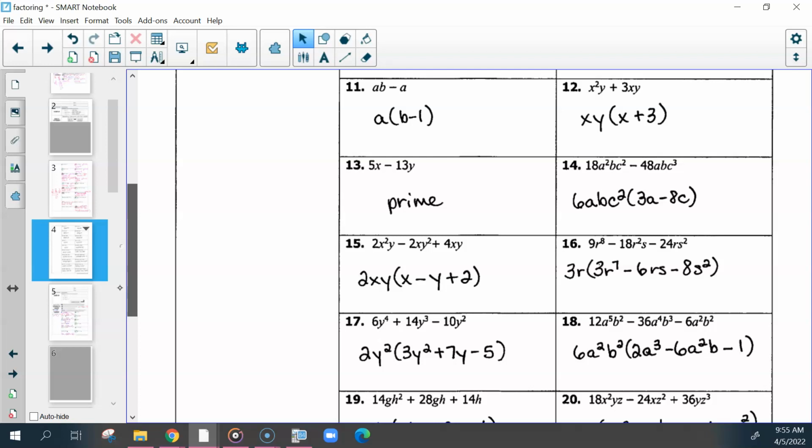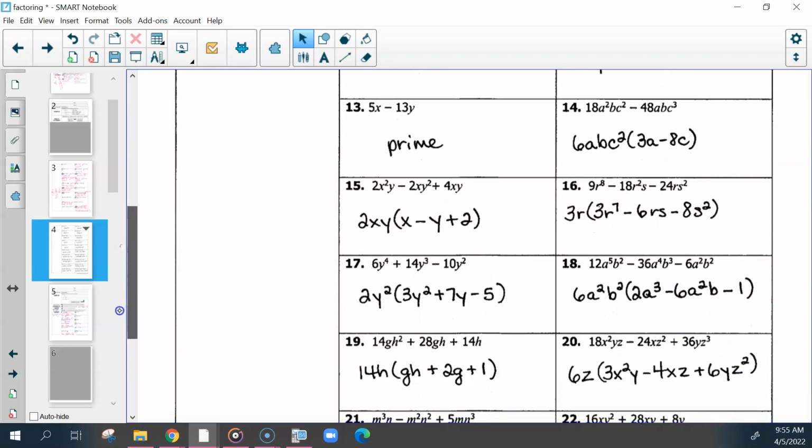Then in parentheses, 3a minus 8c. 16 was 3r, and then in parentheses, 3r to the 7th minus 6rs minus 8s.